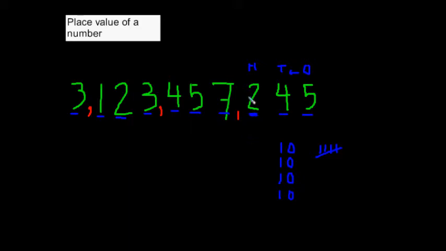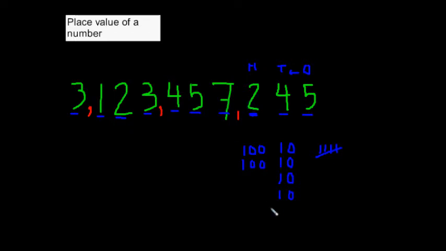The value of this digit is 200, but it's made of 100 and another 100. So the number 2 is 200 because it's made of 2 units of 100 each. That's the reason we have 200.